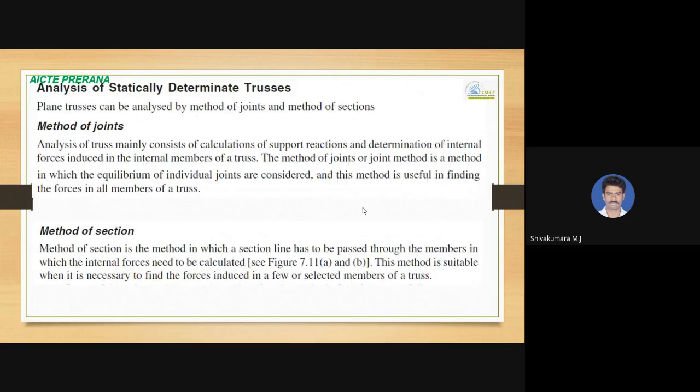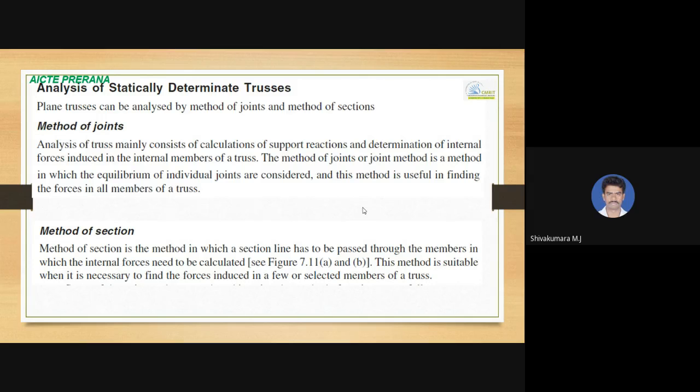Then in the analysis part, you come to the determination of internal forces in each member of trusses. We have two methods for analysis of these trusses: the method of joints and the method of sections. In the method of joints, we apply conditions of equilibrium at each joint and determine the unknown actual forces of each member.